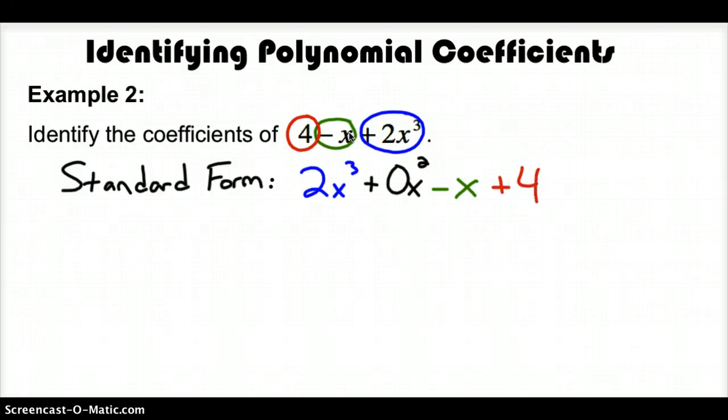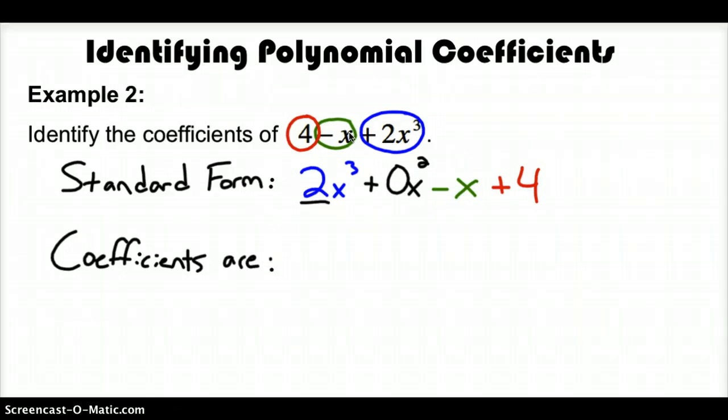So now our polynomial is in standard form, and we have to write out our coefficients. Our coefficients in this case are, it looks like we have the 2 from the 2x cubed. We then have the 0 from 0x squared.